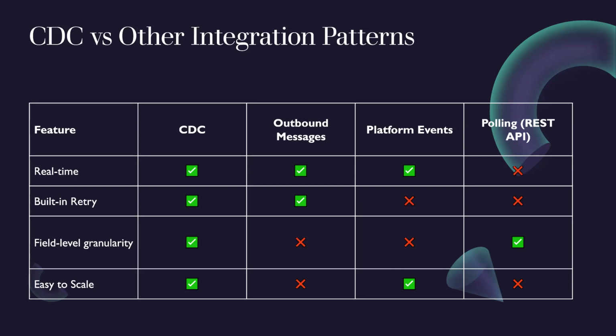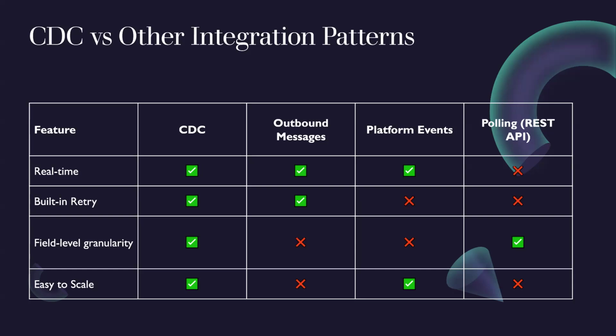In case of platform events, you are explicitly creating the fields on your platform event which you want to deliver. In your Apex class or flow, you are making sure what fields you want to sync to the external system and which you don't want. So you have that control with platform events, and that also comes with the REST APIs.